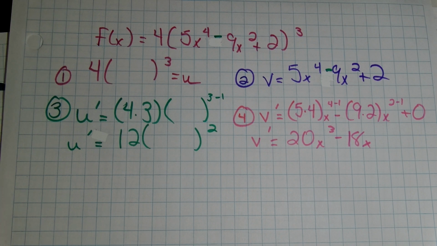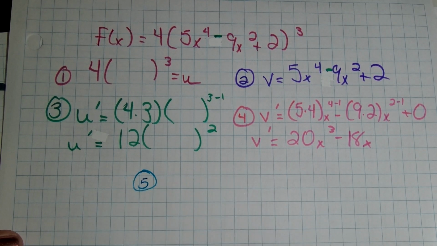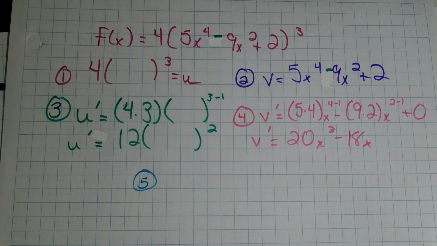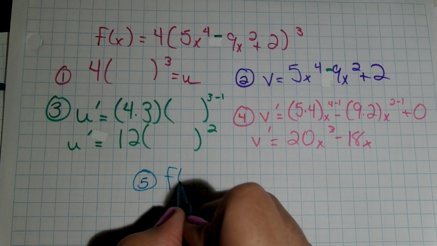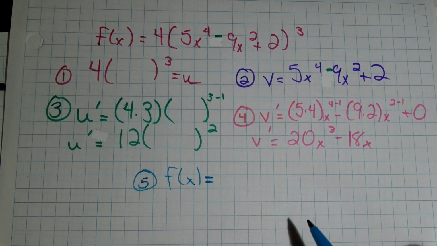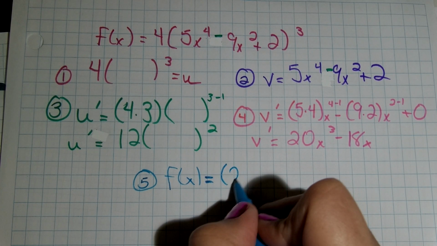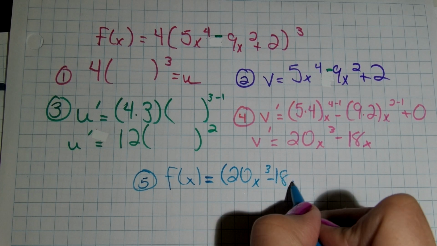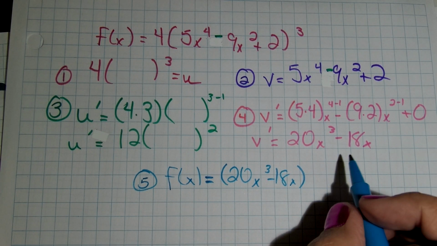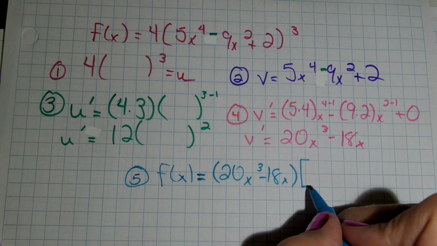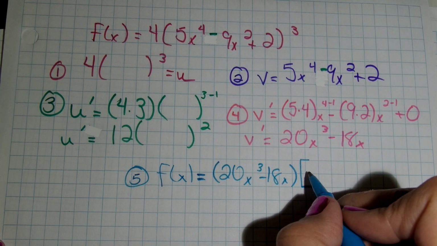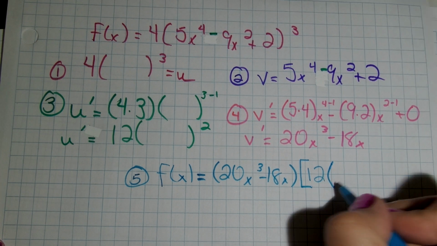All right, Jahira, you ready to put it together? It's going to be f prime of x equals 5x to the third minus 9x squared, and then 12, and then original v inside parentheses.